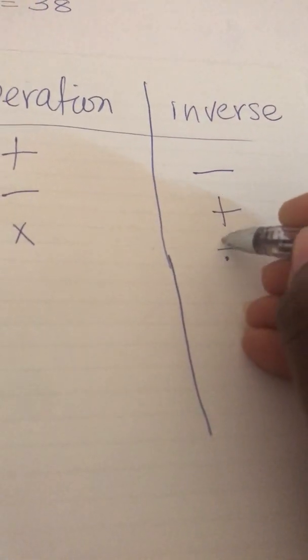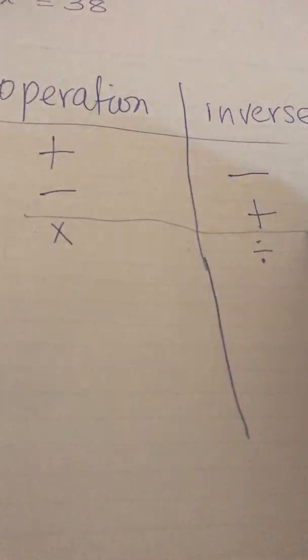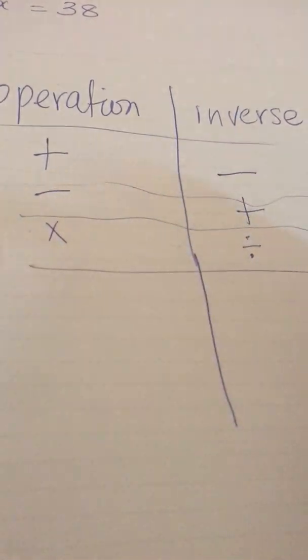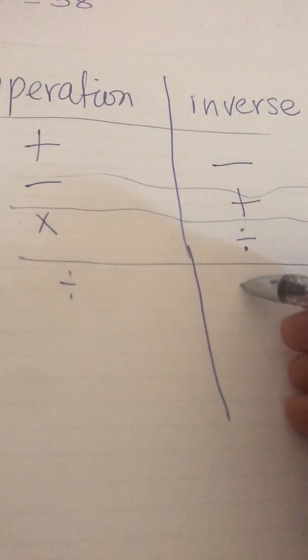The operation for adding, the inverse is subtract. The operation for subtract, the inverse is add. The operation for multiply, the inverse is divide. The operation for divide, the inverse is multiply. Okay?